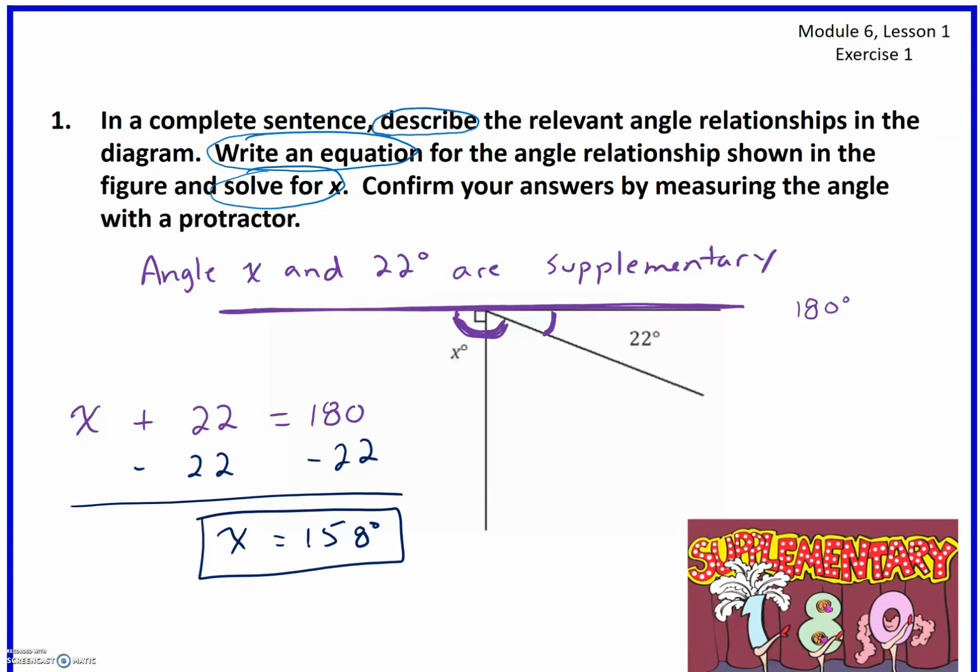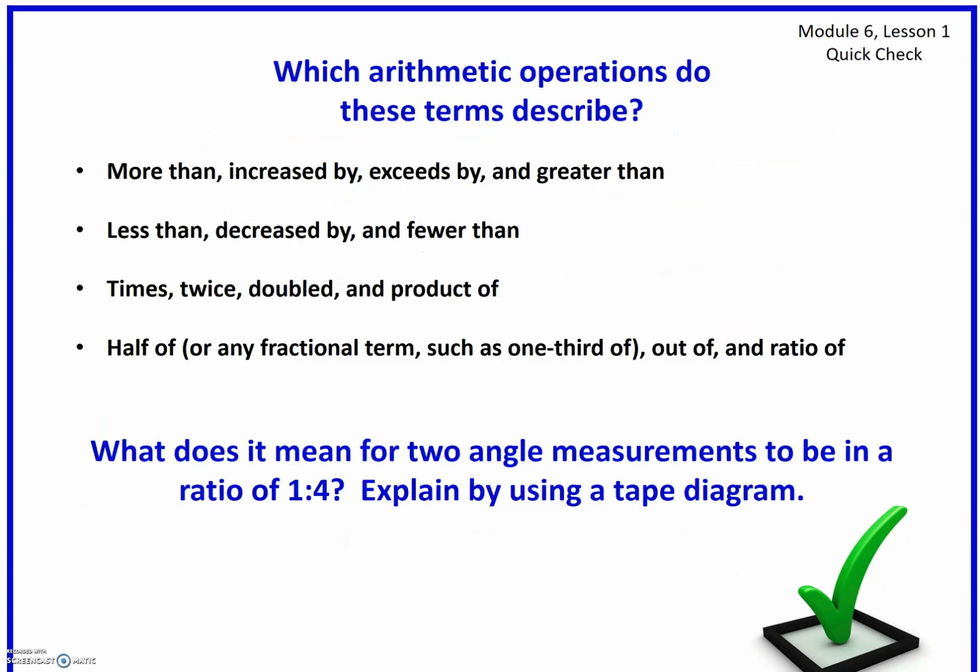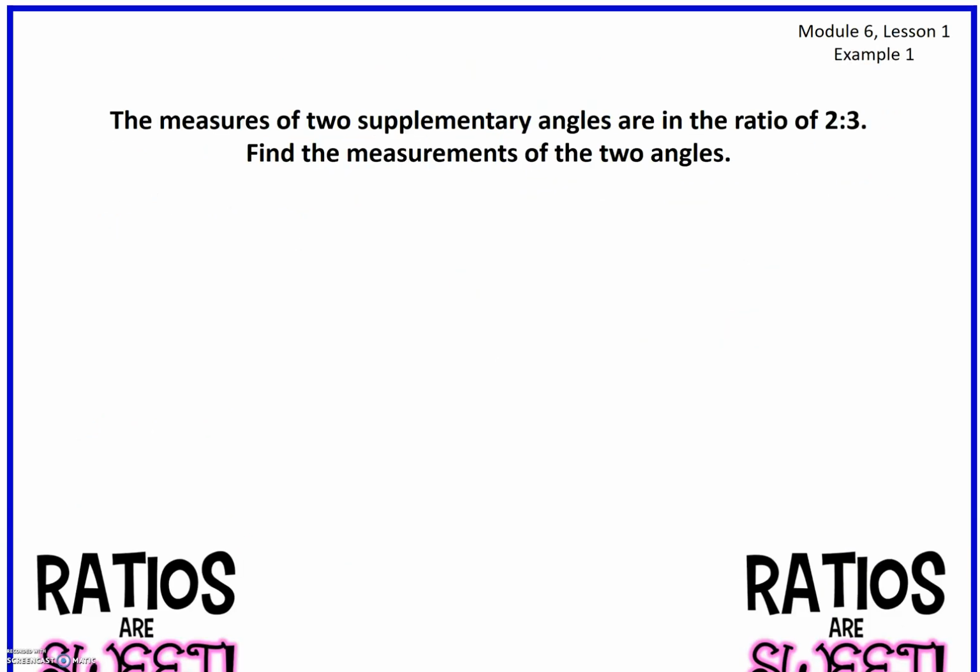Let's take a look at a word problem. The measure of two supplementary angles are in a ratio of 2 to 3. Supplementary, 180 degrees. Ratio of 2 to 3. Find the measure of the two angles. So if we drew a quick picture, we know that it's 180 degrees, and we know we have two angles, angles A and B, that will add up to 180 degrees.